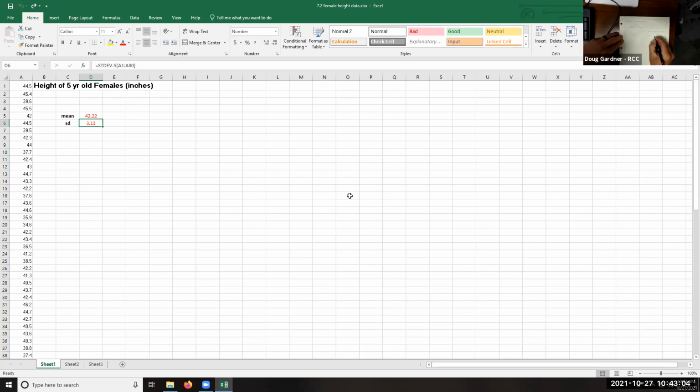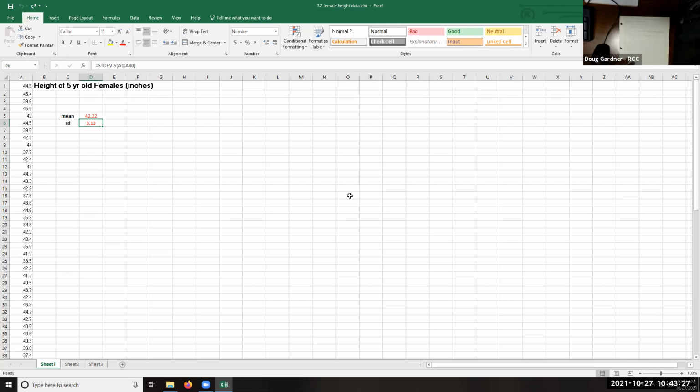So again, one of the big takeaways for the test is that what is usual is to be below the mean plus 2 standard deviations, and above the mean minus 2 standard deviations.